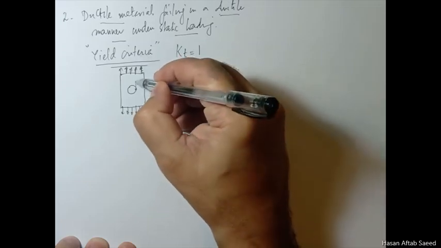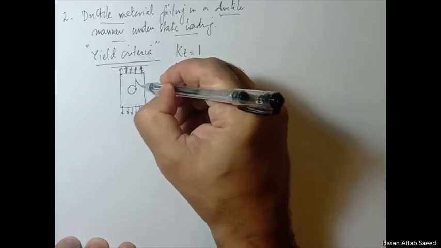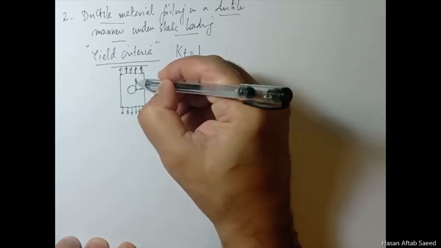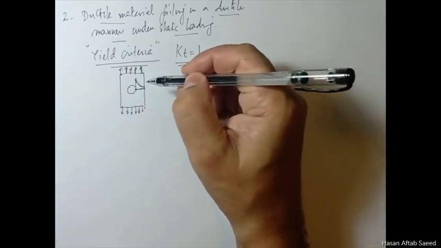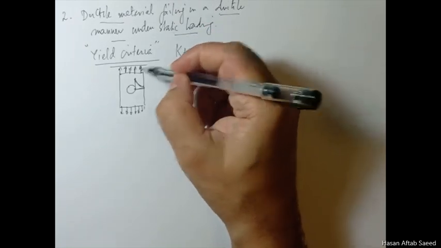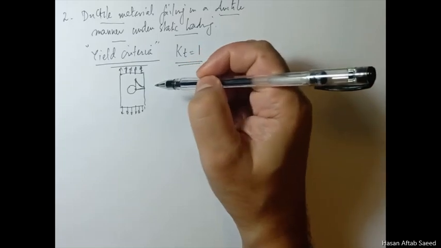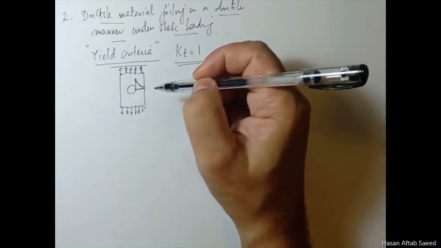So you have this kind of stress distribution. Now here what happens for ductile materials is the stress doesn't rise as high as the theoretical stress concentration factor would suggest it should rise.